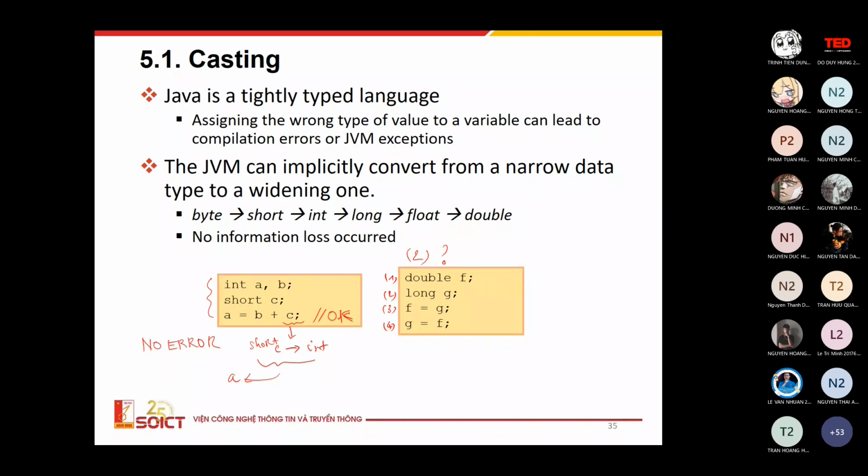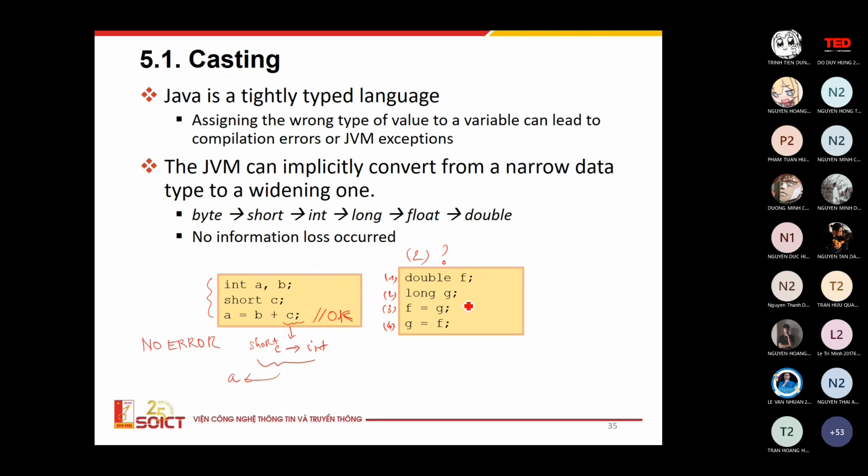Let's begin at the first command. The content of it is it creates a variable with the identifier F, and the data type is double. The next variable is declared with the identifier G and has the data type long.